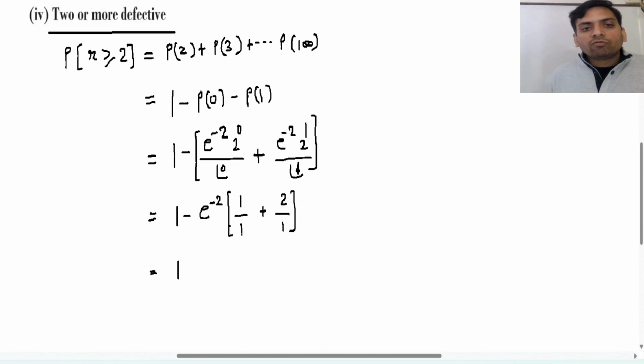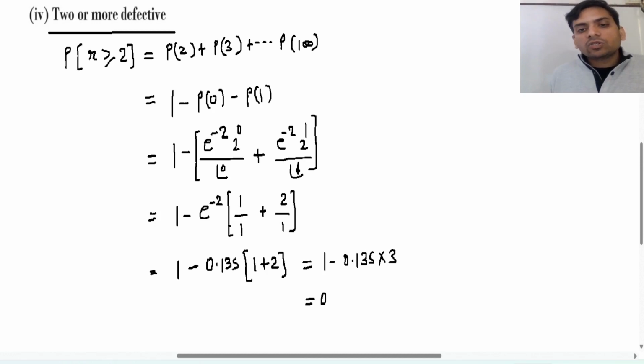Now this is what? 1 minus e raised to the power minus 2 is what? 0.135, and this is what? 1 upon 1 is 1, this is 2 upon 1 is 2, so total is what? 3. So you can write this as 1 minus 0.135 multiplied by what? 3. So please calculate, this is how much?